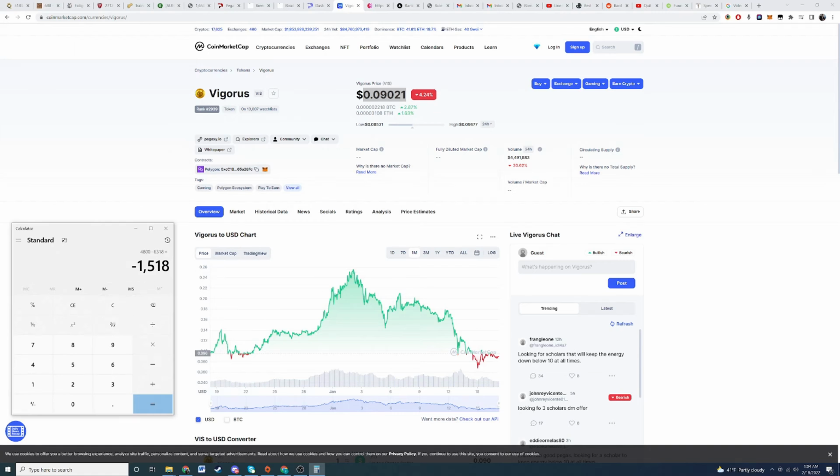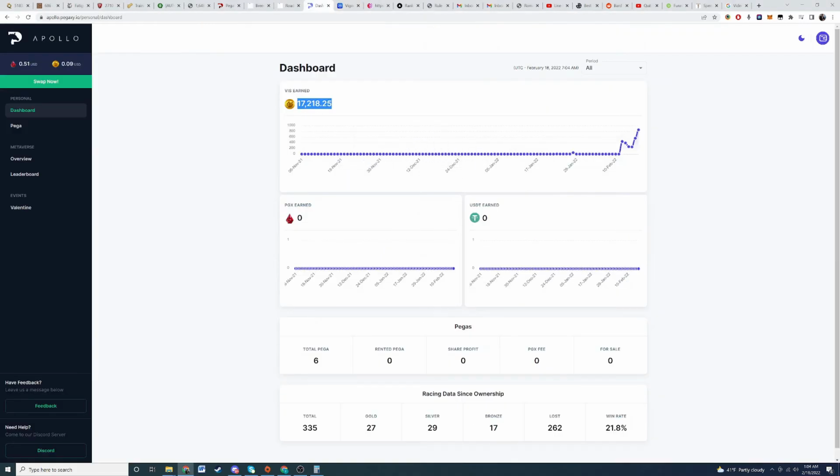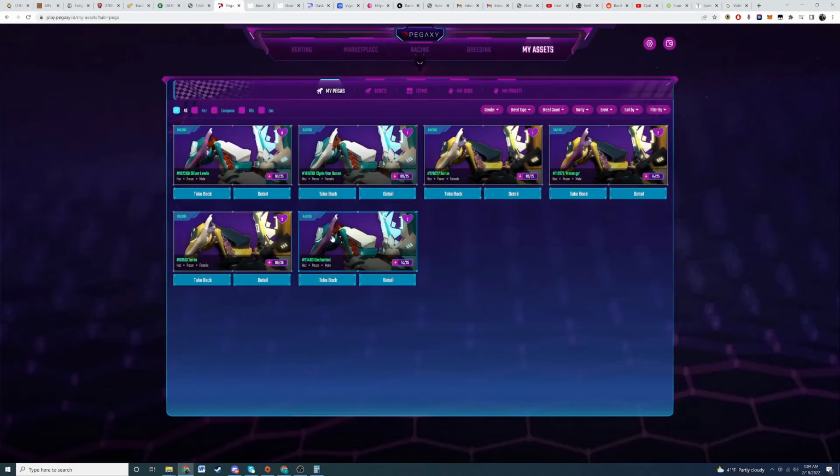On top of that, my partner has about an equal amount of VIS, because if you are an astute viewer, you will notice that the 17,000 VIS that I've earned isn't enough to account for the breeds that we've done. So if we go back to my Pega stable, I bought these 2. We've done the 4 breeds.